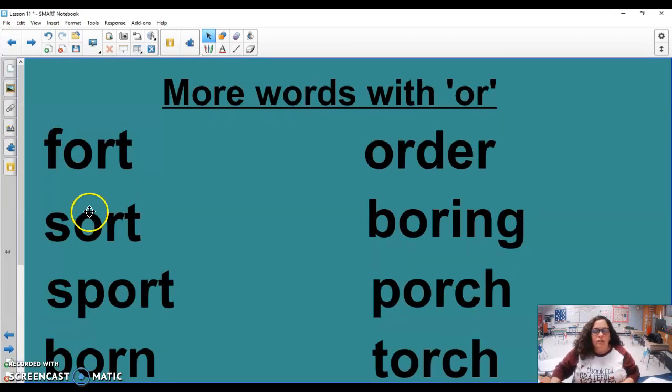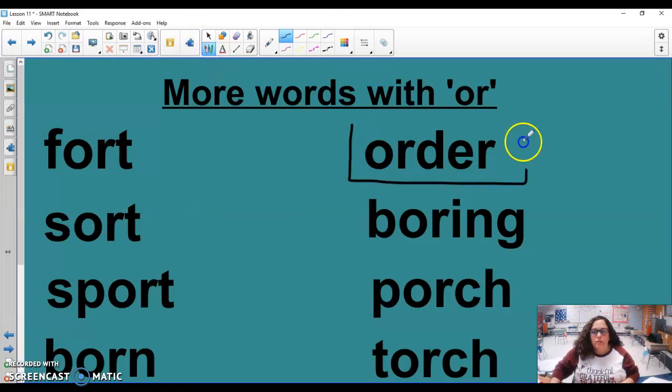All right. So I want you to look at this word right here. How many vowels are in this word? Yep, we have 2. But I want to show you something. The O and the R go together because remember it is a syllable type.